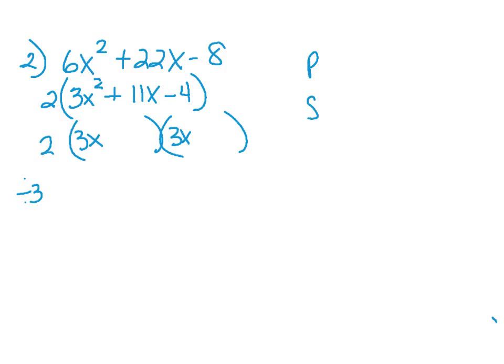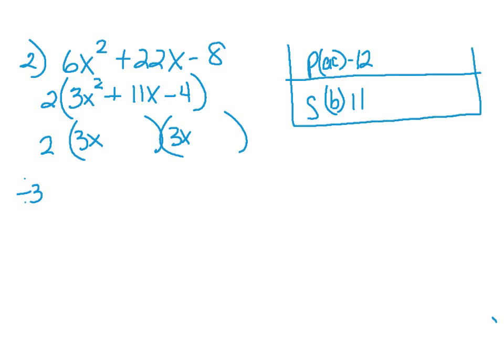My product is A times C, it's negative 12, and my sum is B, which is 11. So I need two numbers whose product is negative 12 and whose sum is 11. Okay, so I come up with 12 times negative 1 and 12 plus negative 1.